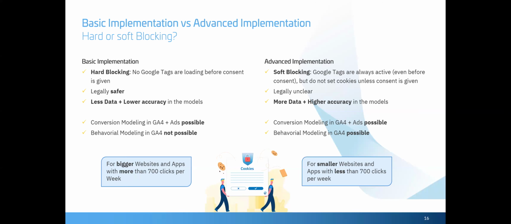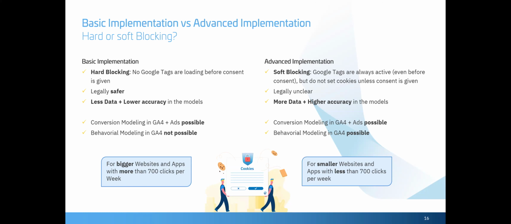So that's, I would say, the normal way, the legally safer way. We block all the Google tags and wait for consent. When consent is given, the consent manager activates the Google tags and the Google tags can do their work. Downside is you have less data, you have a lower accuracy in the models. It's basically not so good for Google for conversion modeling and for analytics, etc.